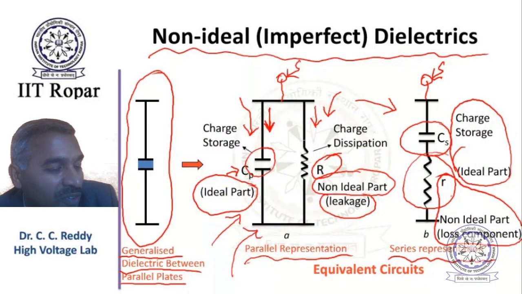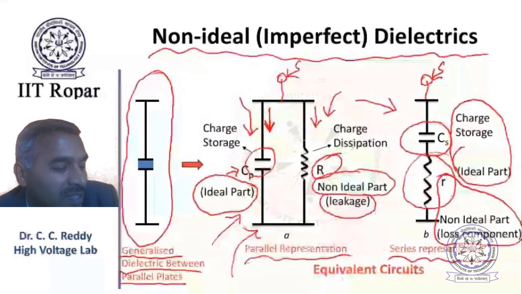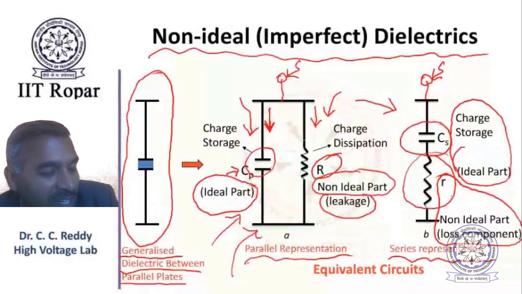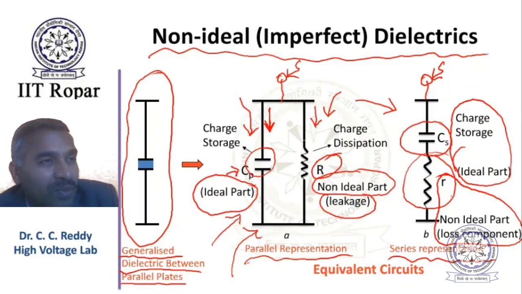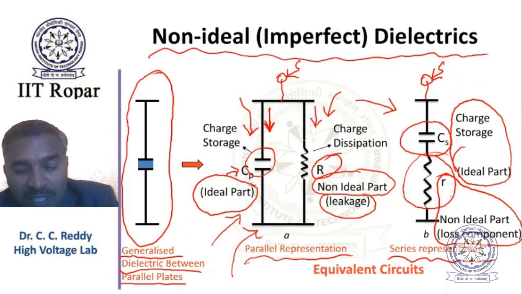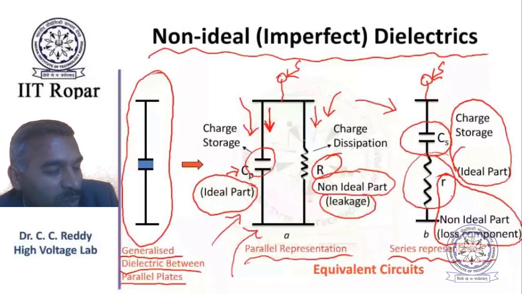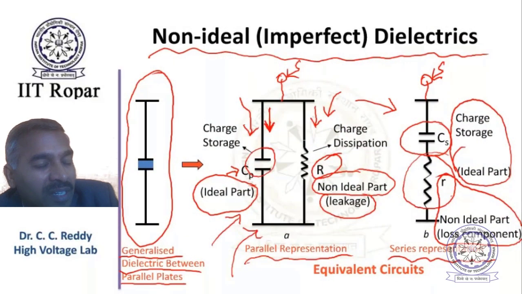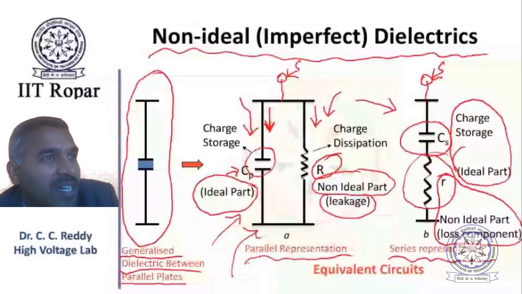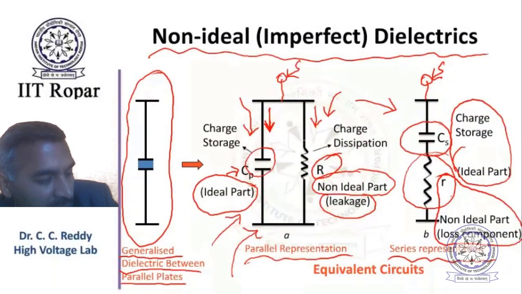Representation of an equivalent circuit is not only for tan delta and capacitance measurement. It is for several purposes. For example, when we find the internal potential distribution of a power cable.